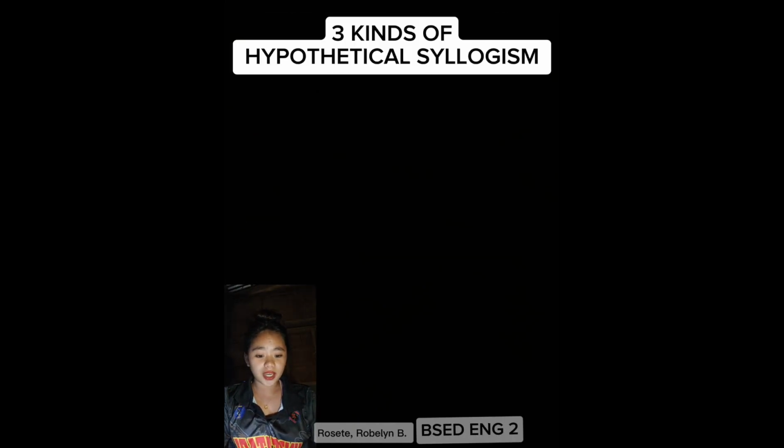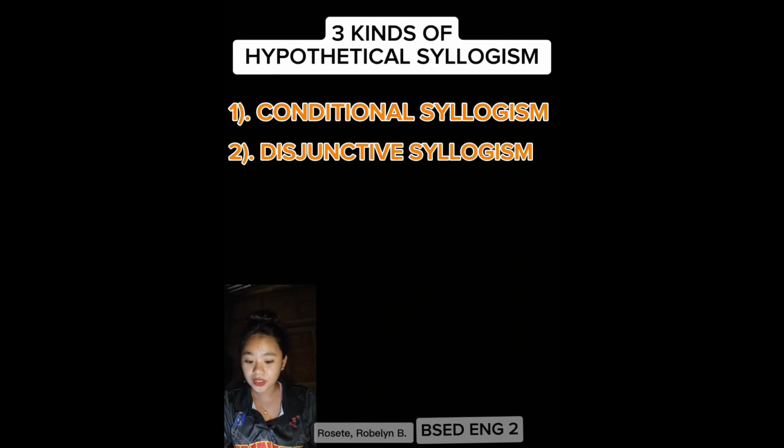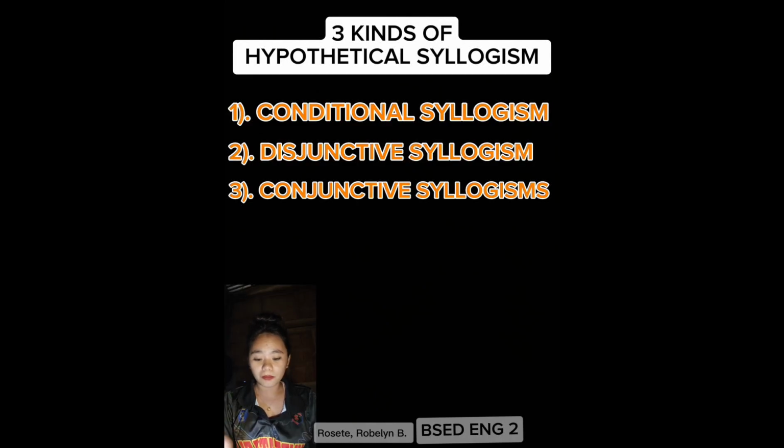There are three kinds of hypothetical syllogism: the conditional syllogism, the disjunctive syllogism, and the conjunctive syllogism, but I will only discuss the conditional syllogism. To comprehend the conditional syllogism, it needs to mention the antecedent and the consequence as the two main components of hypothetical syllogisms.